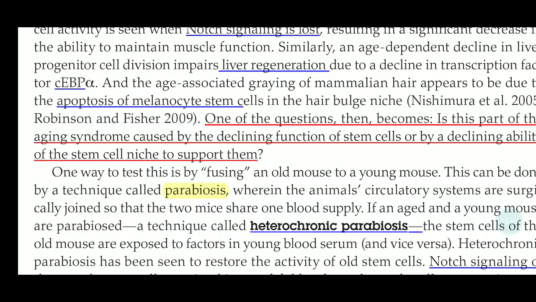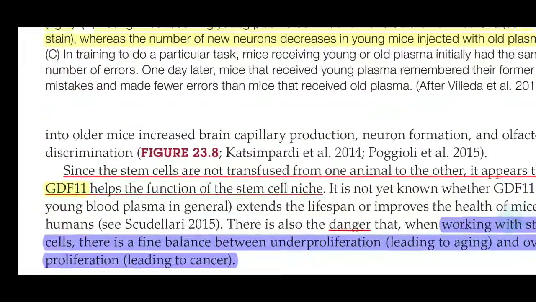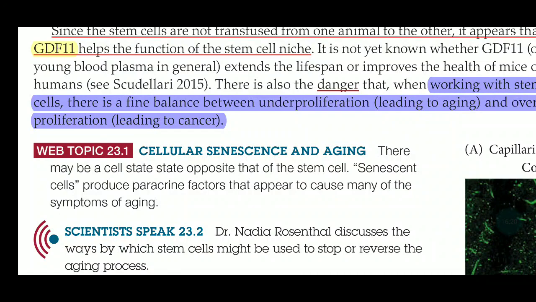As you can see here, GDF11 is transfused along with the blood, but the transfusion occurs only with the blood, not the stem cells, from the younger to the older mouse. So the blood has something, that is GDF11, not the stem cell. This GDF11 goes and helps the stem cell niche to function properly.